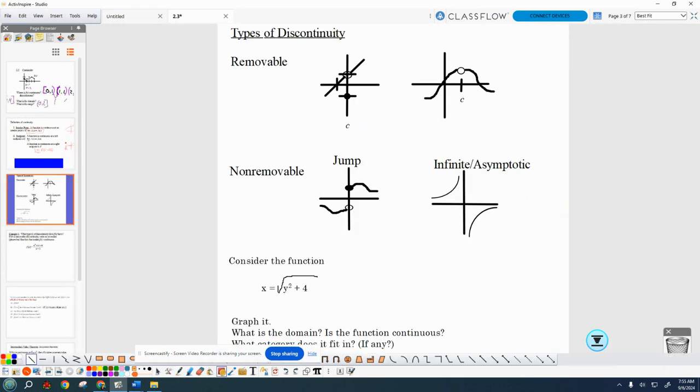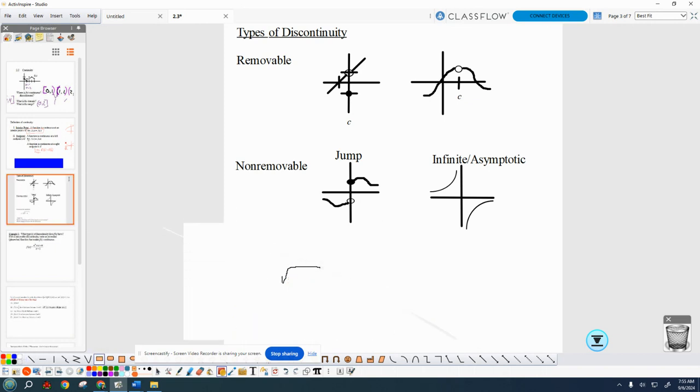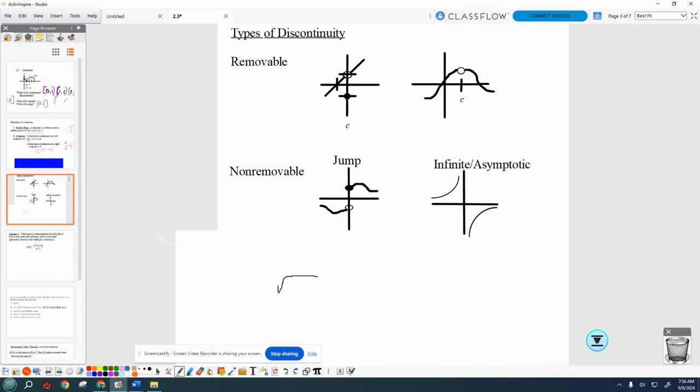Flavors of discontinuities. You know these, right? Removable is where, just like this one, I see it as a drawbridge stuck open.